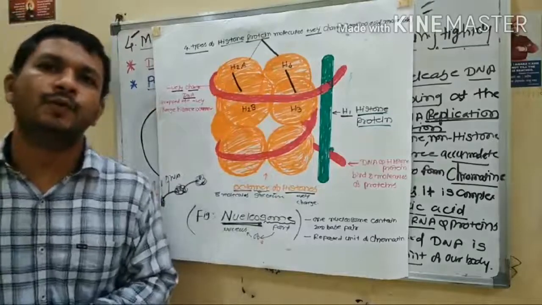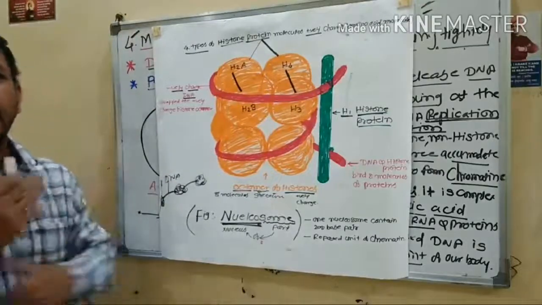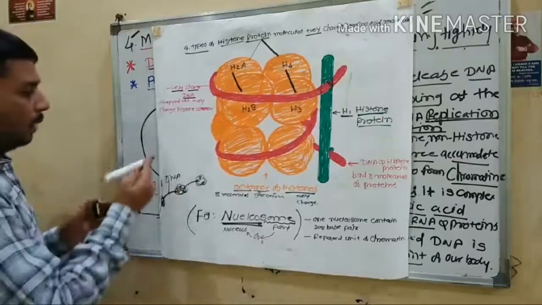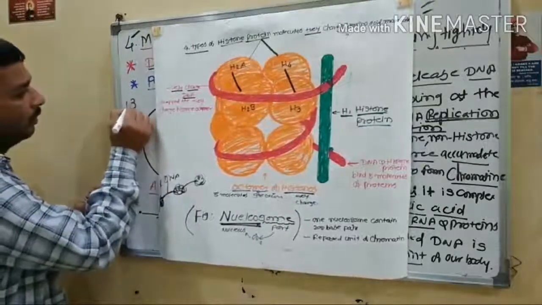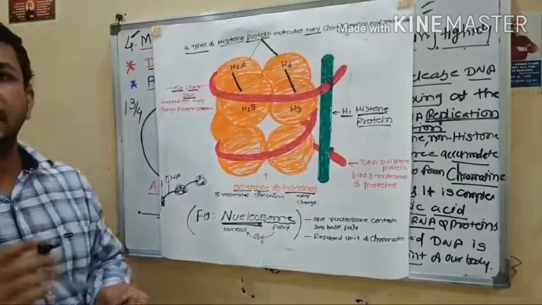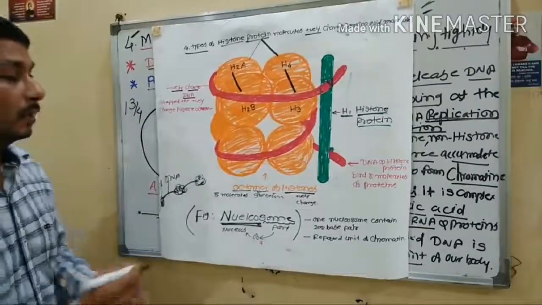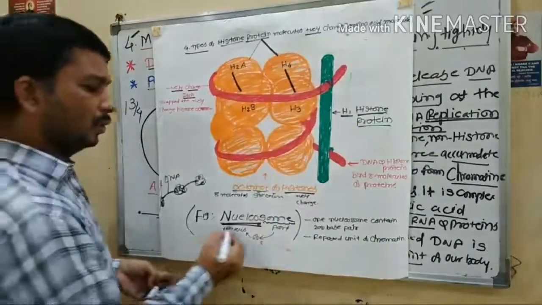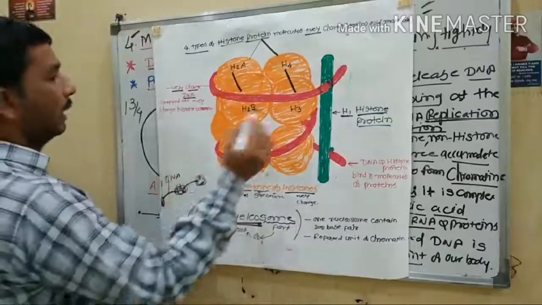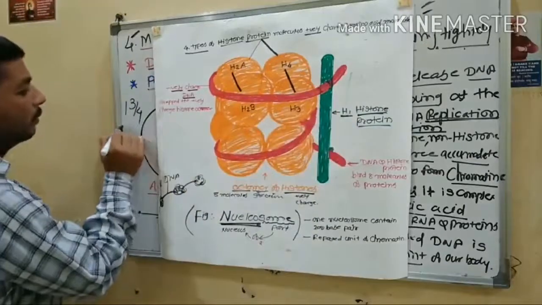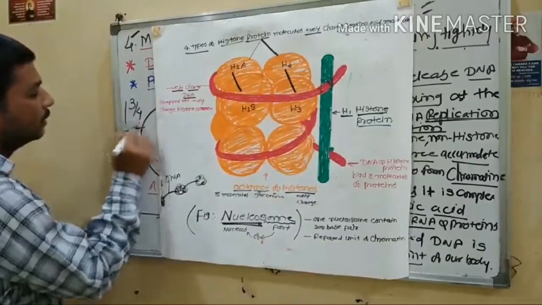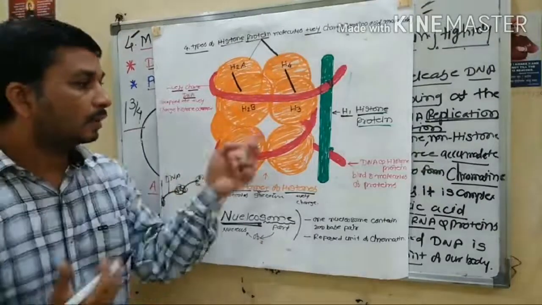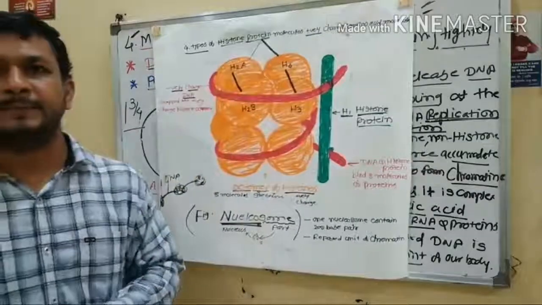A DNA helix of 200 base pairs is wrapped around the histone octamer by 1 3/4 turns. DNA wraps the nucleosome and histone protein about how many turns? 1 3/4 turns to wrap this histone protein.